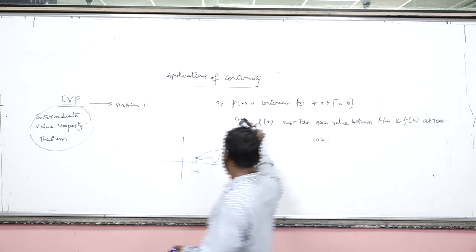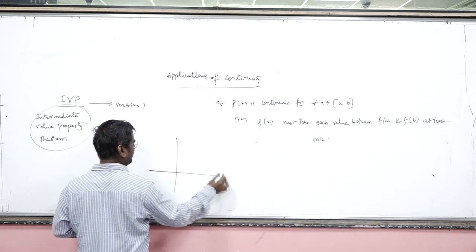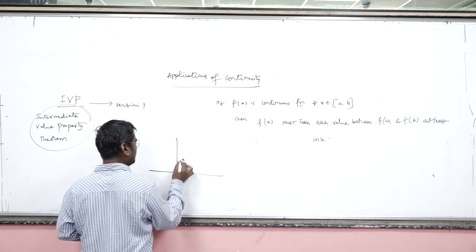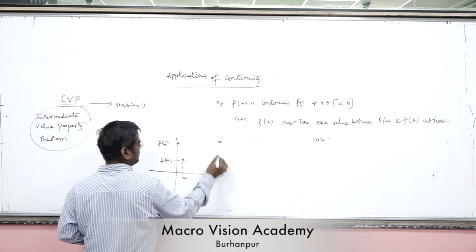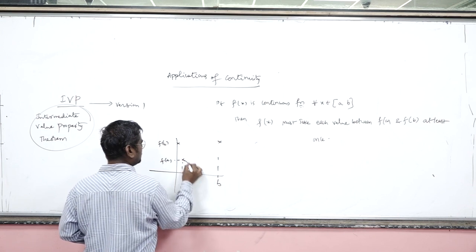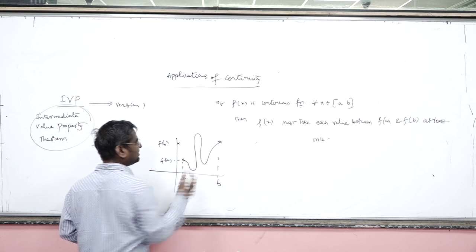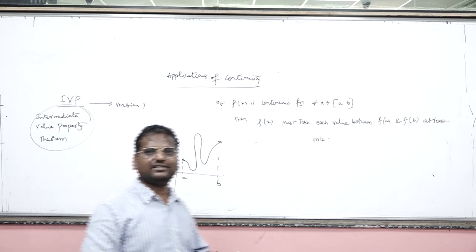So therefore, what I am trying to say, there is a here, there is f of a here, there is f of b here, this is my b here. So it is going like this. This is my graph.